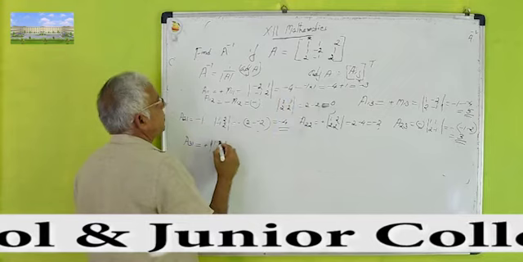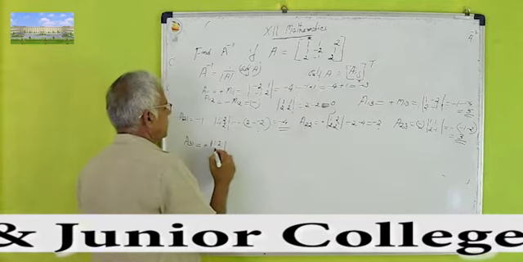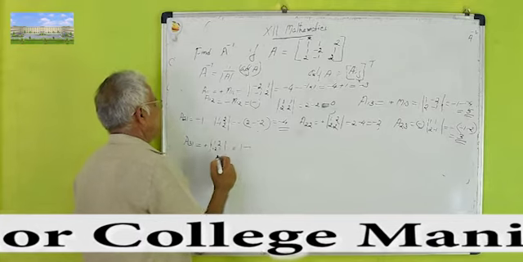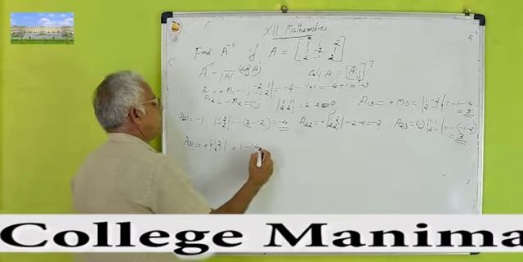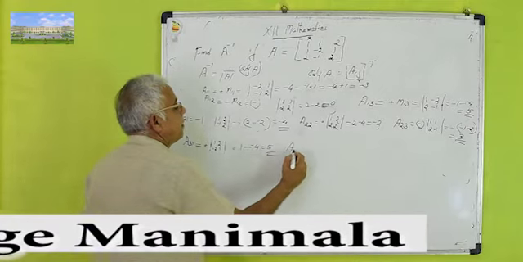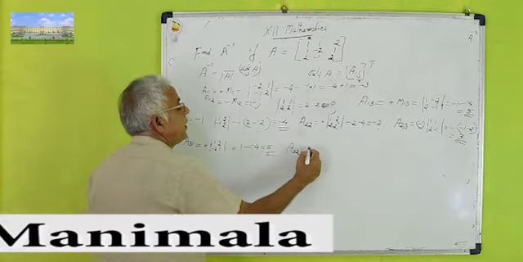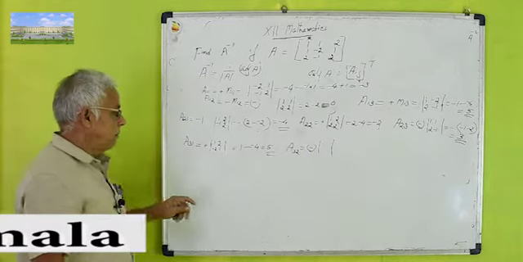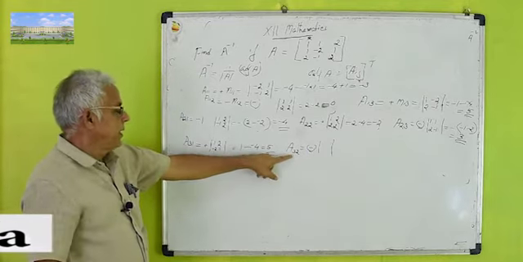Then we get 1, 2, -2, 1, which is 1 plus 4, equal to 5. A32: the sign is negative, into M32.